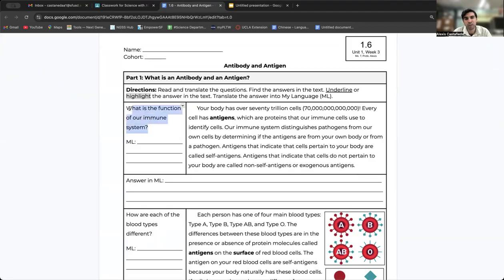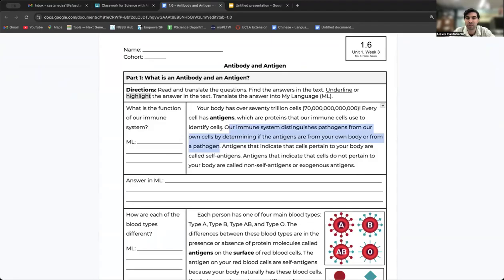So here, what the question is asking you is, what is the function of our immune system? So what is the purpose of the immune system? Its job is to determine if the cells in your body are your cells or the cells of something that is trying to make you sick. Our immune system distinguishes pathogens from our own cells.